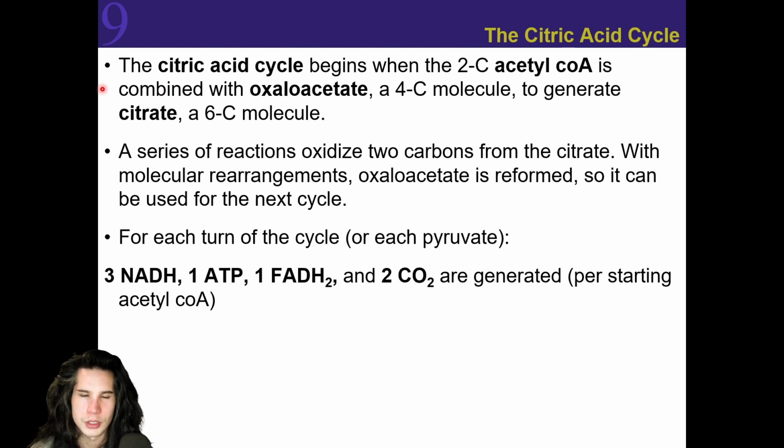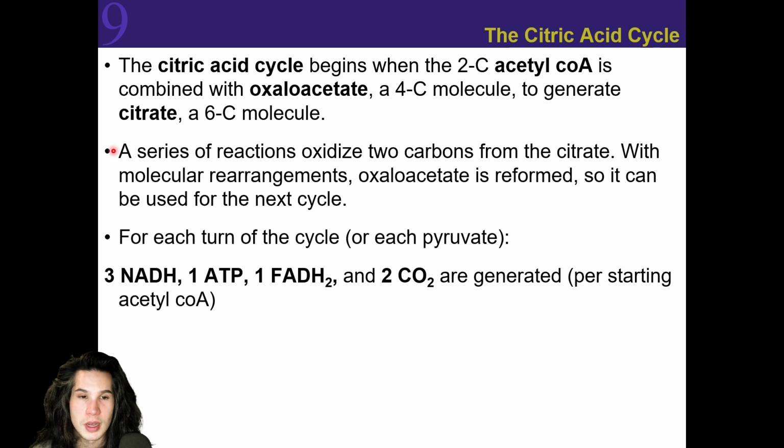Now moving on to the citric acid cycle. That's going to begin when that 2-carbon acetyl-CoA is combined with oxaloacetate, a 4-carbon molecule, to generate citrate. So the name, the citric acid cycle, was probably inspired by the formation of the first product, which is citrate, a 6-carbon molecule.